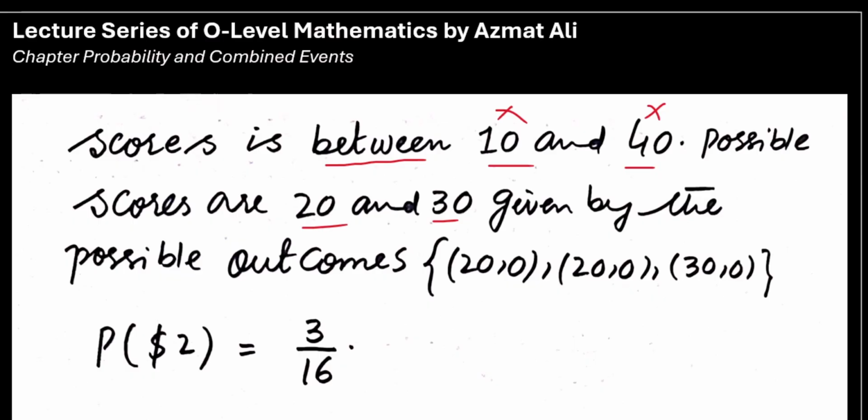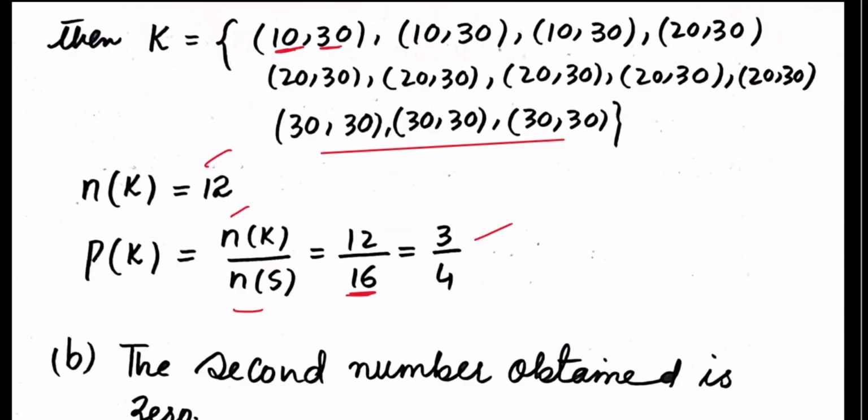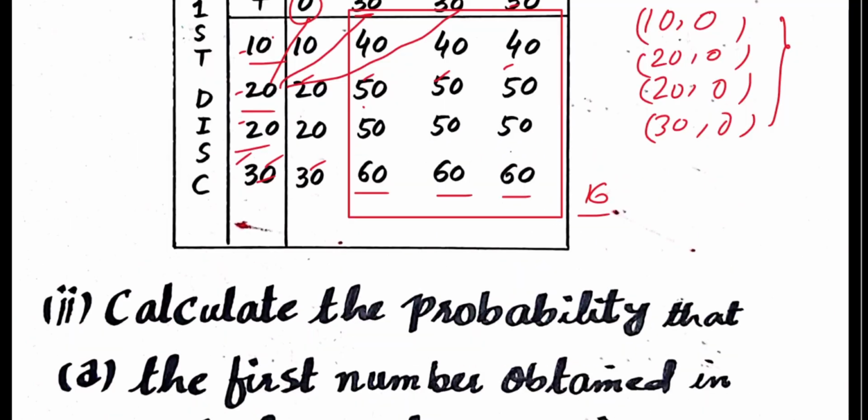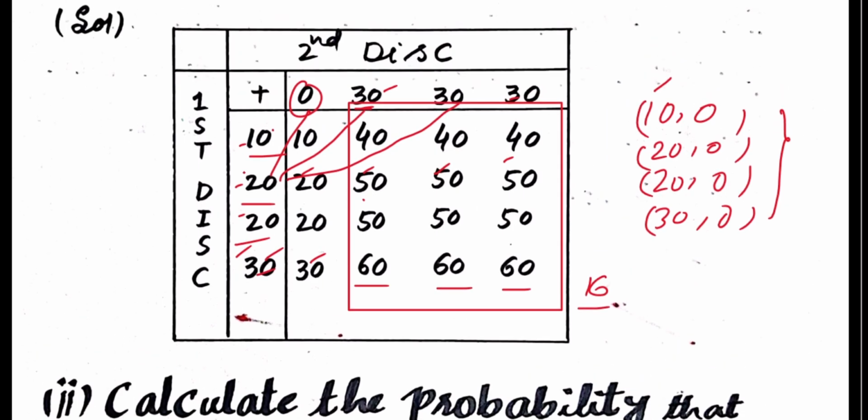The minimum score is 10 and the maximum score is 60. For $2, the score will be between 10 and 40. So from this table, you can notice that the scores between 10 and 40 are 20 and 30. These are the possible scores.